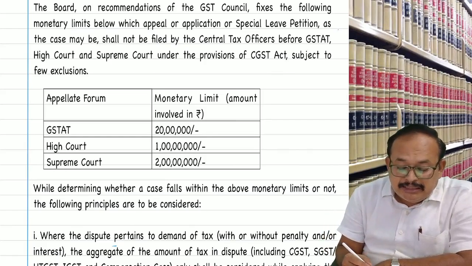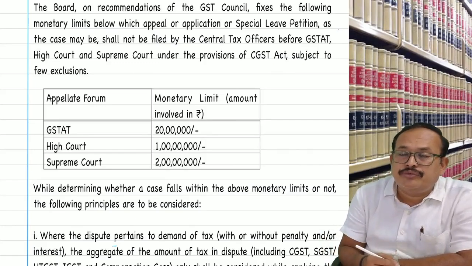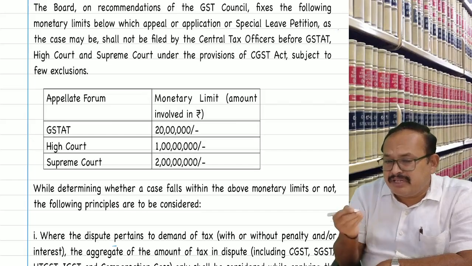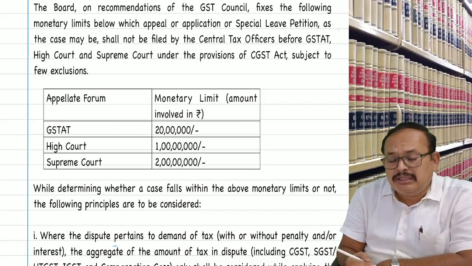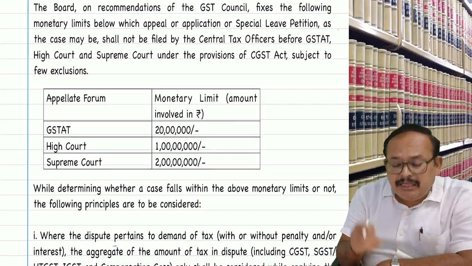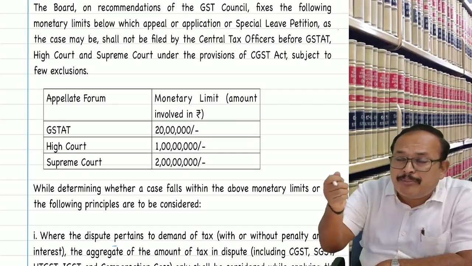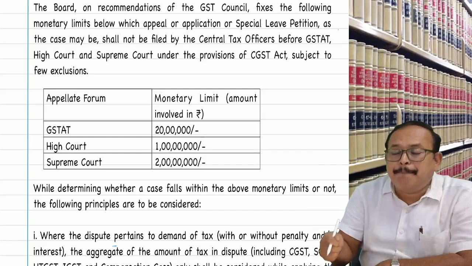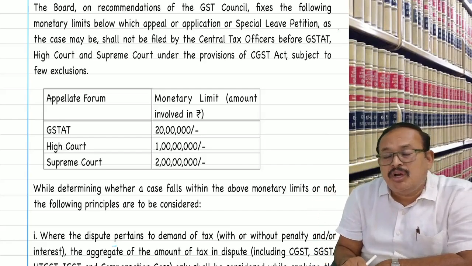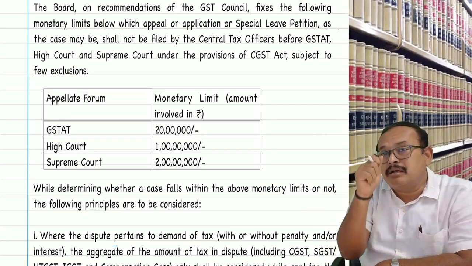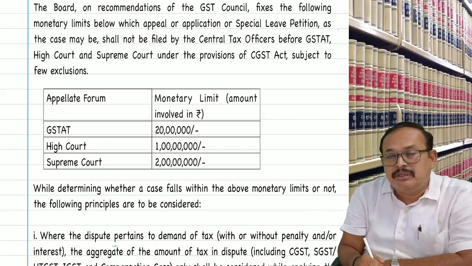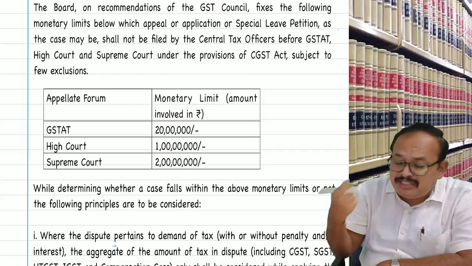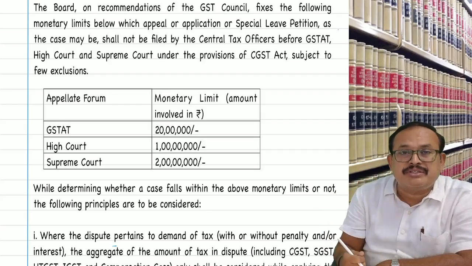against the order of, let us say, a revenue authority, or the revenue authority is directing, hey Mr. Officer, go for appeal. For example, the Commissioner of Central Tax is empowered to revise the order of the Joint Commissioner, Additional Commissioner, below their rank officers.